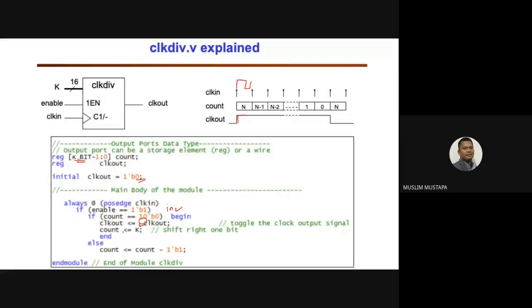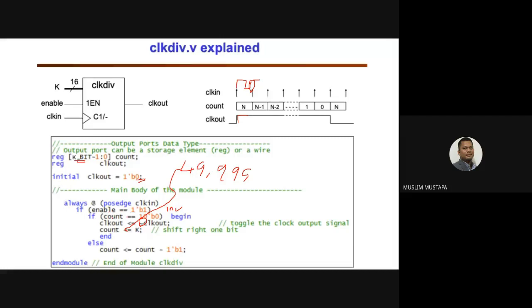Then invert, and then assign the K value to count. In this case, the K value is equal to 49999, so it's assigned to count. Then at the second positive cycle, it checks: enable is equal to 1, yes.